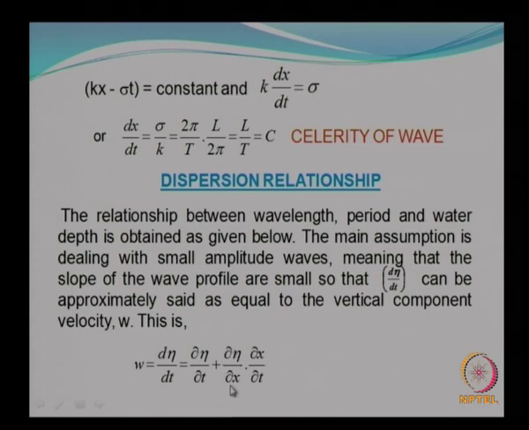What is this dou eta by dou x? Eta is the elevation and x is the horizontal distance. So dou eta by dou x is nothing but the slope. We have said that the wave slope is small because we are assuming that the wave height is small.